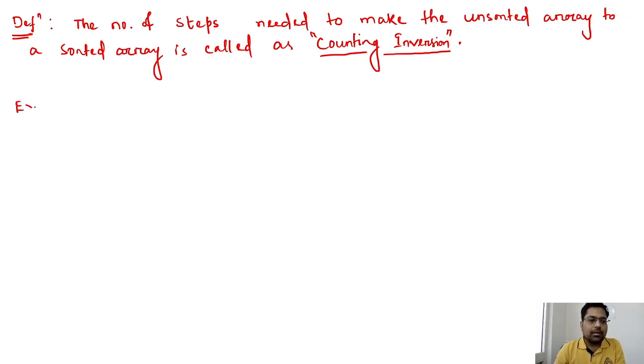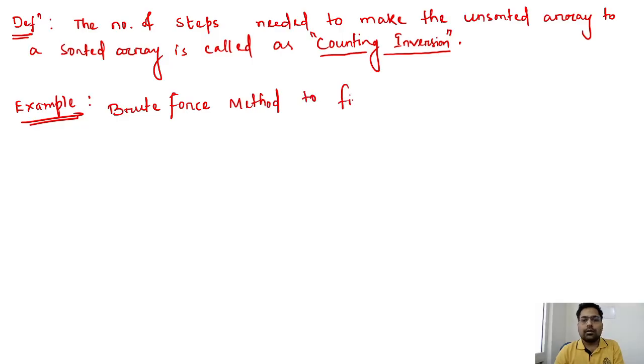Just for example, the brute force method to find counting inversion, which means we need to find the number of steps required to make the unsorted array sorted. As an example, we will check brute force.